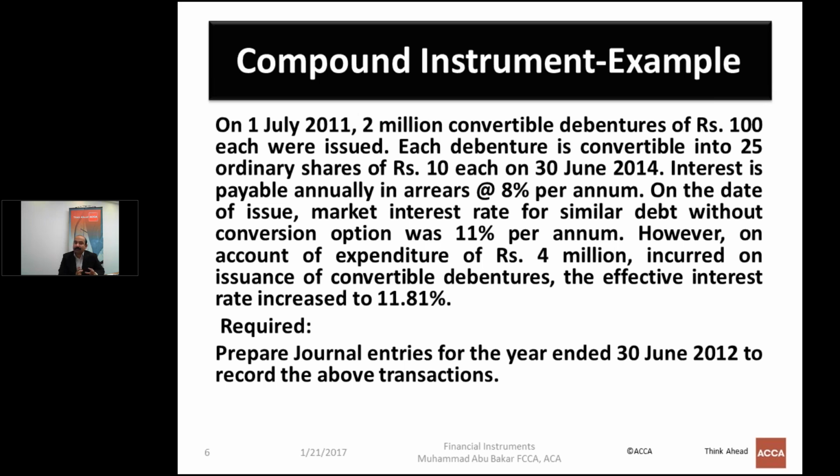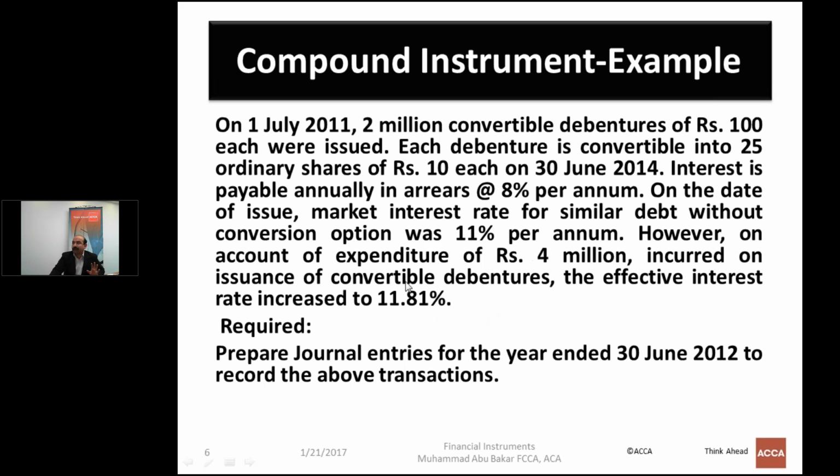So remember, for this purpose, only use this 11%, and forget for this purpose the effect of any issue cost. We shall be incorporating the effect of the issue cost, but for the purpose of bifurcating, forget about the issue cost.